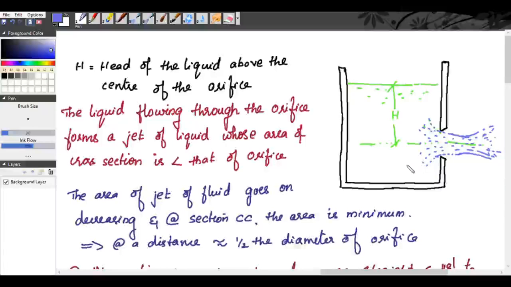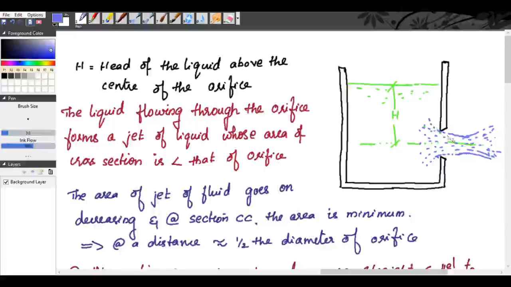So the liquid flowing through the orifice forms a jet whose area of cross section, from this point to this point, the diameter is getting decreased, and after that it gets increased.